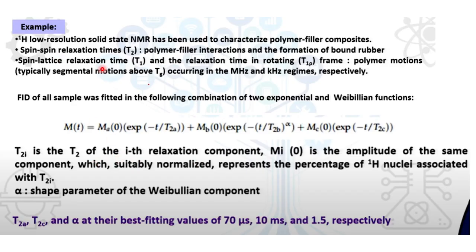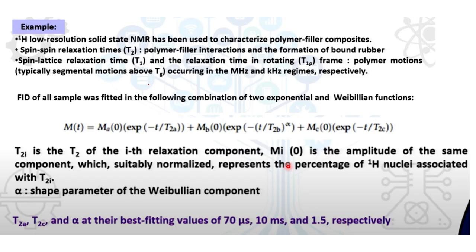T2 is the spin relaxation time, and T1 is the spin lattice. Mi0 is the amplitude of the same component, which suitably normalized represents the percentage of proton nuclei associated with the T2. Alpha is the shape parameter of the Weibull component. T2a, T2c and alpha have their best fitting values of 70 microseconds, 10 milliseconds and 1.5 respectively.